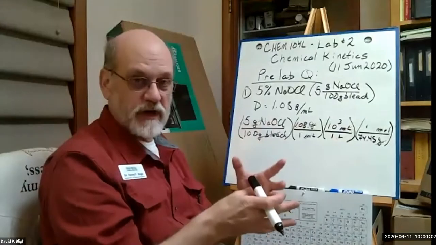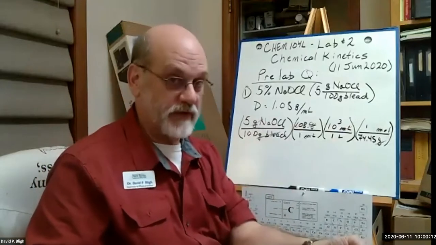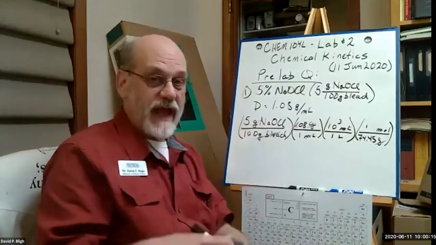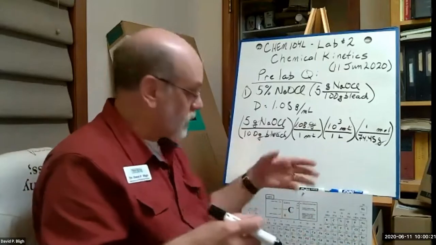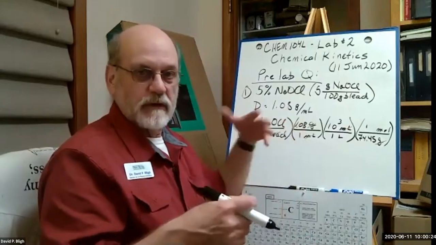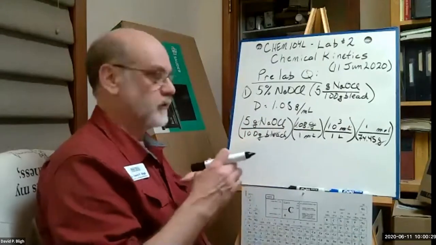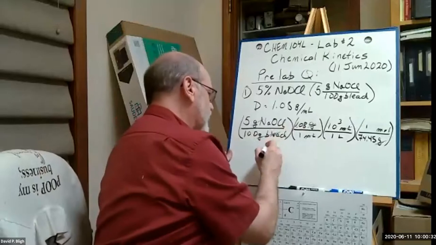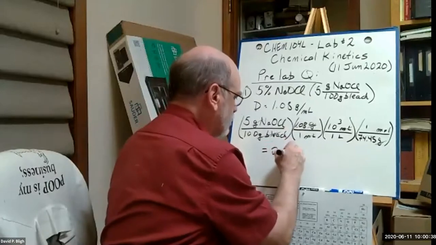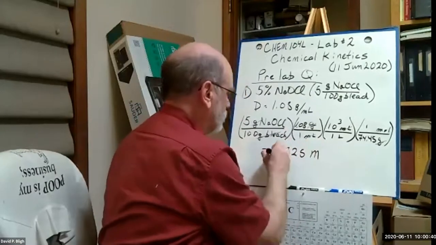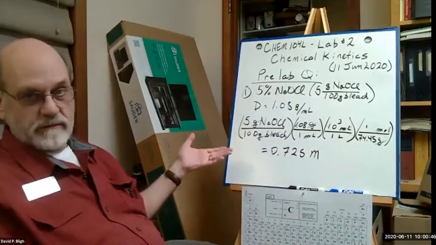Right, so that's our concentration of the bleach before you add it to the reaction vessel. When you add it to the reaction vessel in a certain amount, then you're actually diluting it from this amount to the actual concentration in the vessel, and we'll determine that also. All right, so if we do that calculation, you should get 0.725 molar.